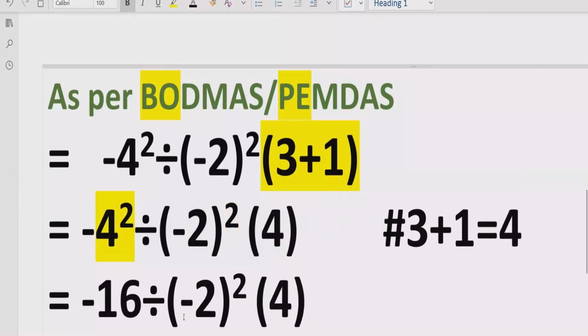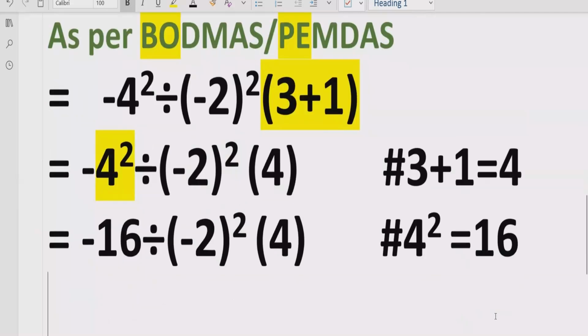And here we will give the reference: 4 raised to power 2 is basically 16, right? Now, we have another power which is minus 2 raised to power 2. So this is the key point, where someone can make a mistake, like the minus sign is outside the 4 raised to power 2. But here we have the bracket sign, so we have minus 2 raised to power 2.